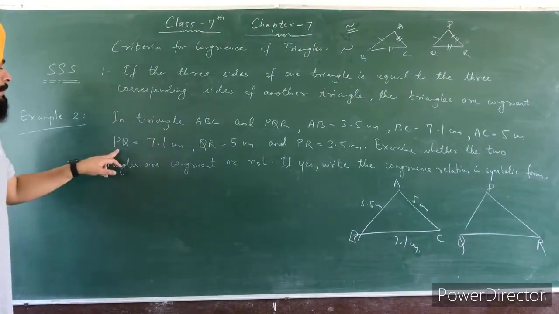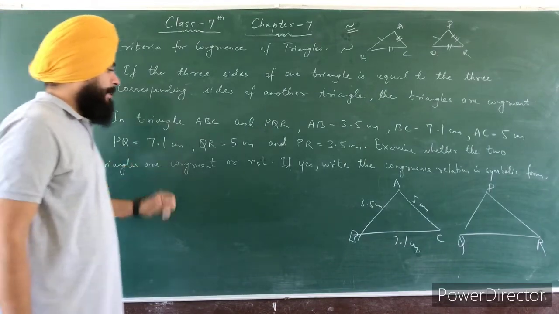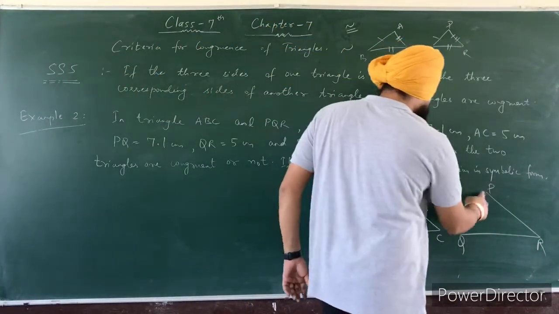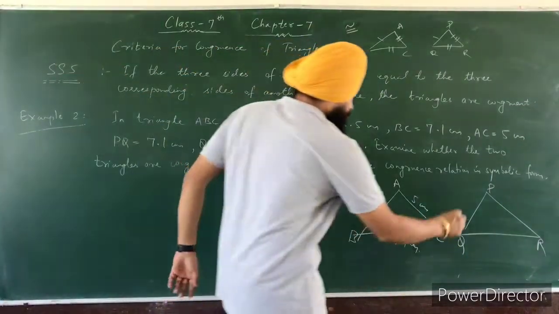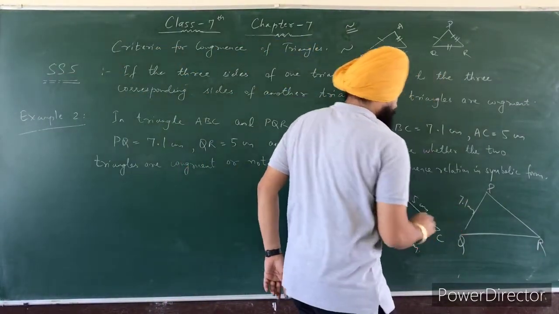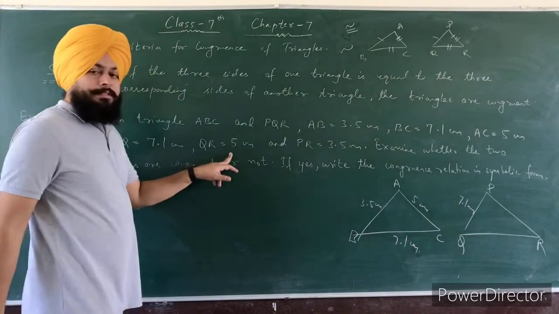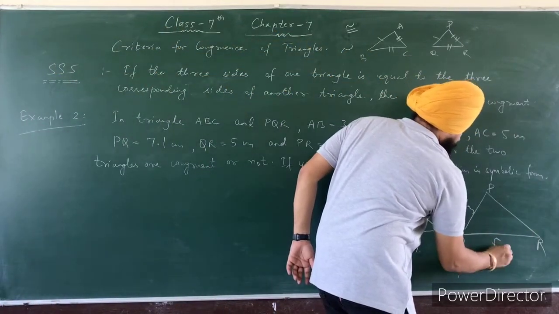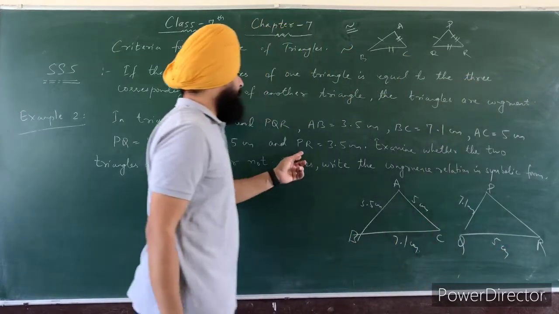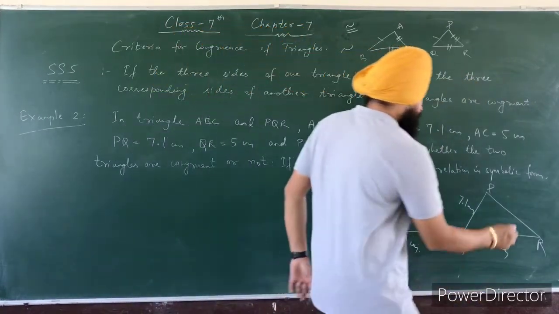In the other triangle, the length of side PQ is 7.1 cm. Next, QR is 5 cm. And the third side PR is 3.5 cm.